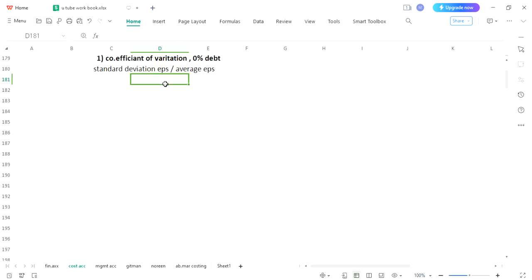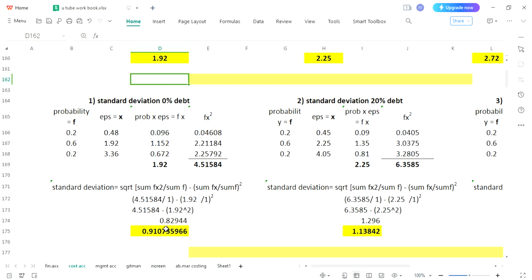So let's put it down. Your EPS standard deviation was 0.910.